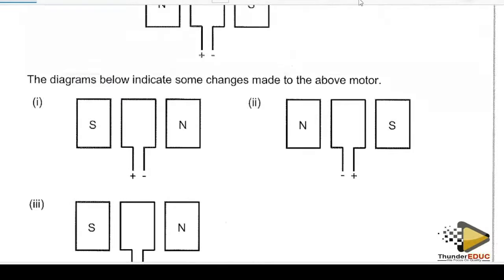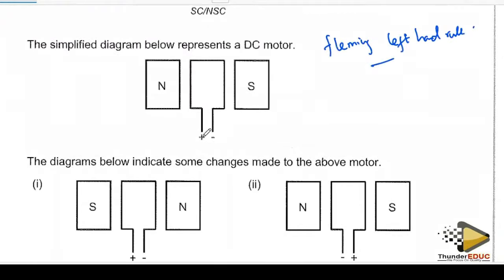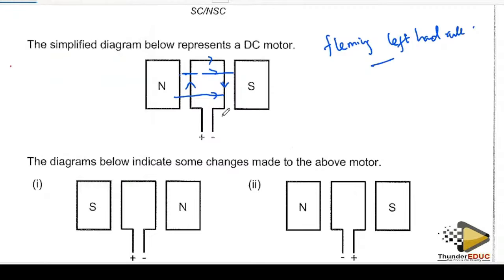So what we need to know is that from the original, this is the positive and this is the negative, which means current is going to flow in this sort of direction, because current flows from the positive towards the negative terminal. We know that the field is from the north to the south pole. Then we apply our Fleming's left-hand rule.